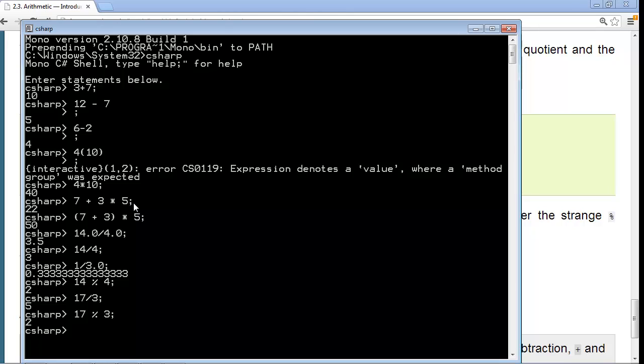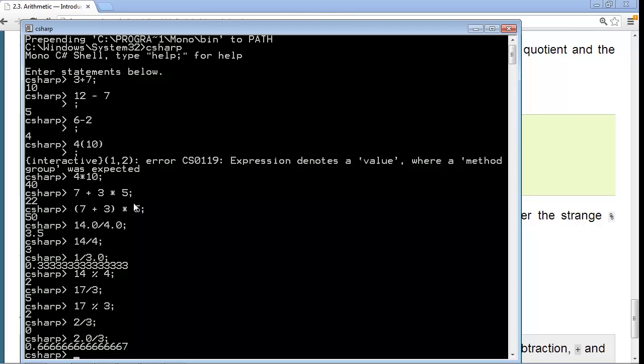On the other hand, if we have 2/3, which just looks like a very simple fraction, oops, integer division, 2 is smaller than 3, quotient is 0, but 2.0 divided by 3 is something that gives you approximately 2/3.